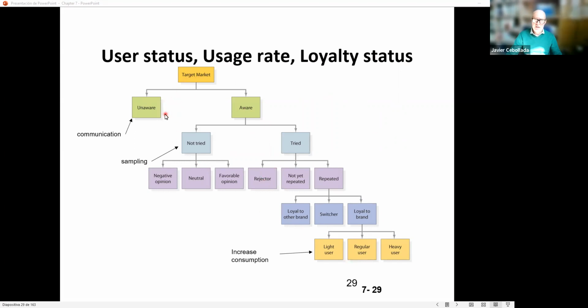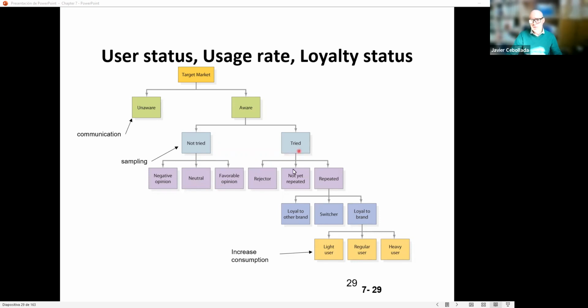Any market is formed by unaware and aware consumers of the brand. Among the aware consumers, some of them have not tried the product, and others have already tried the product. Among the non-tried, some will have a negative opinion, others a neutral opinion, and others might have even a favorable opinion.